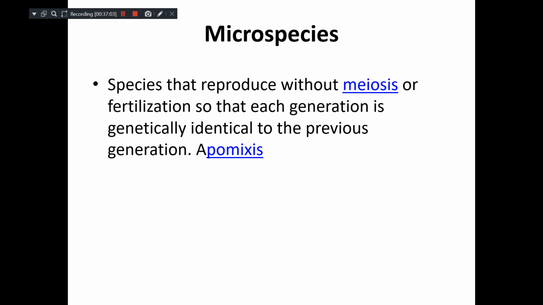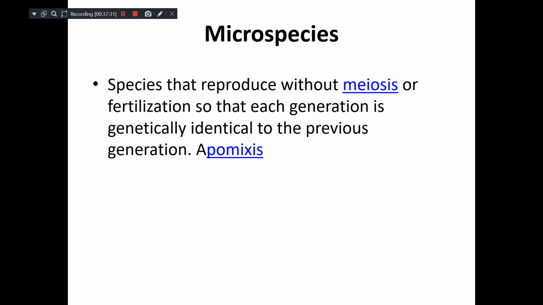That means there is no fertilization at all. Species that reproduce without meiosis or fertilization. As a result, what happens? Each generation is genetically identical to the previous generation. Each generation is genetically identical, not similar, identical to the previous generation.